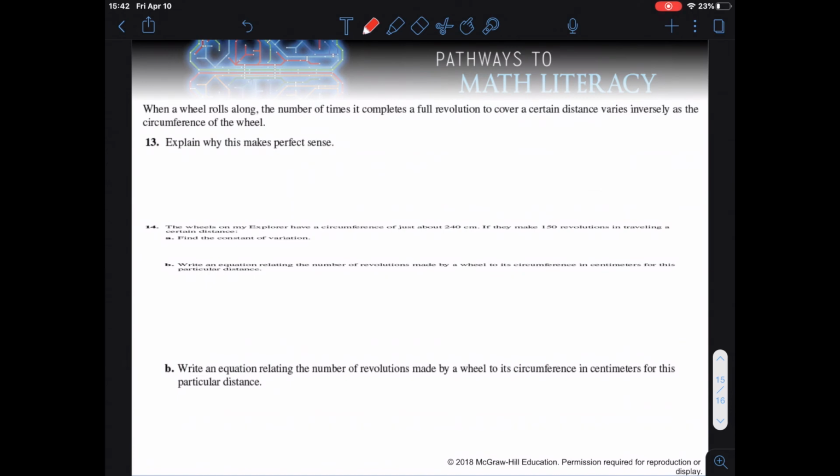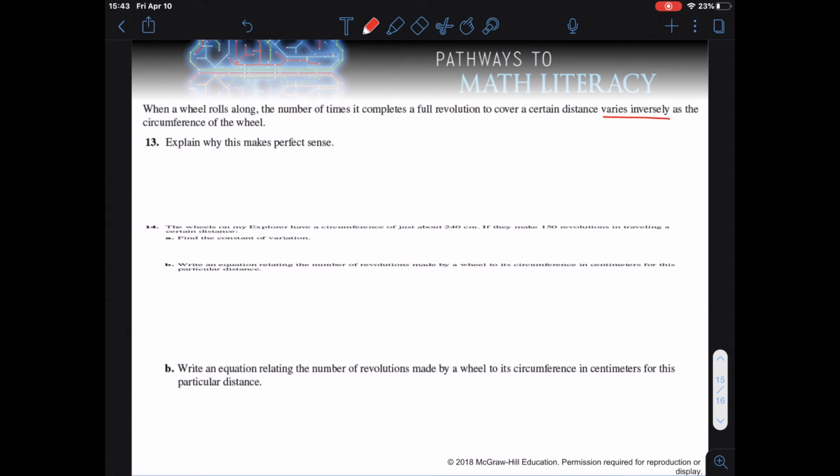Now if we move to a different example that deals with inverse variation, we're told that as wheels roll along, the number of times it completes a full revolution to cover a certain distance varies inversely with the circumference of the wheel. So what that actually means is if you have a bigger wheel, the distance around the outside is going to be bigger than a smaller wheel.